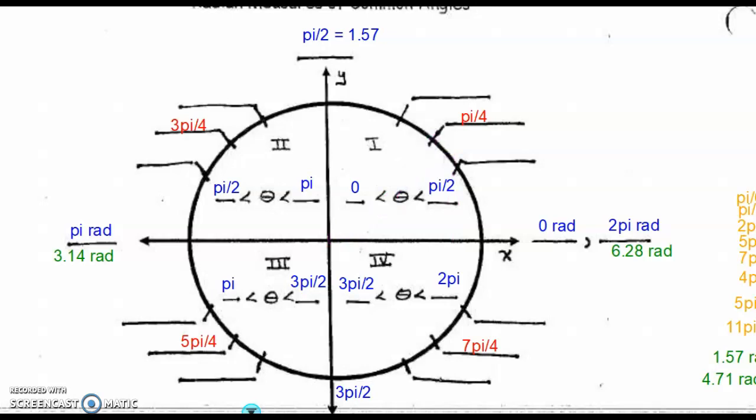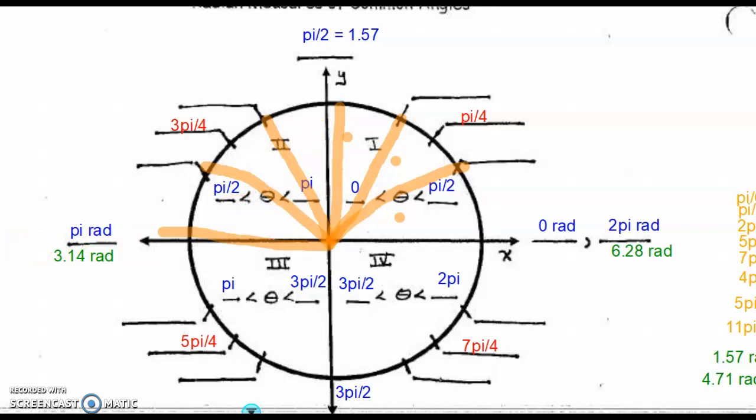Now we're going to count by pi over 6s. So if this is pi, watch this. One, two, three, four, five, 6 regions.